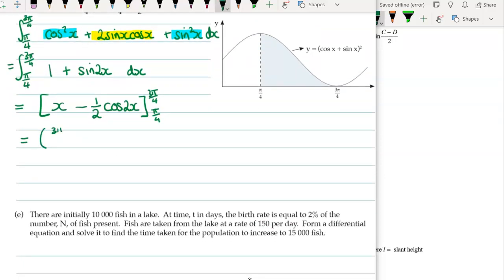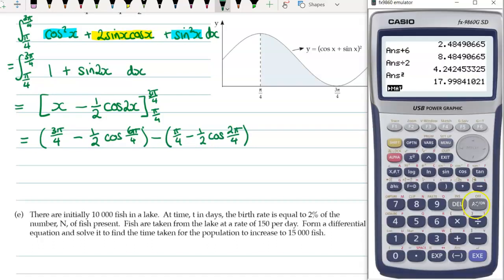We've got 3 pi by 4 minus half cos of 2 times 3 pi by 4, so that's 6 pi by 4, minus pi by 4 take away a half of cos of 2 times pi by 4, so 2 pi by 4. Okay, over to the calculator.